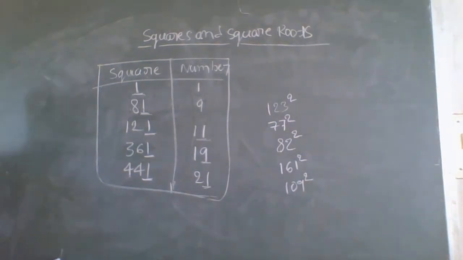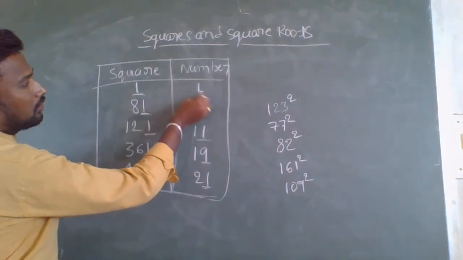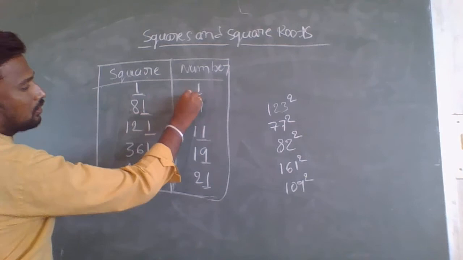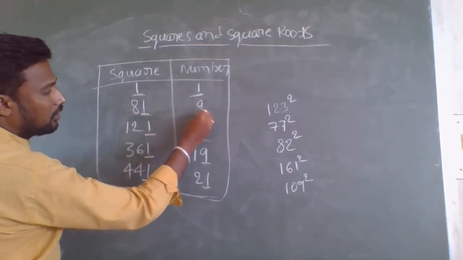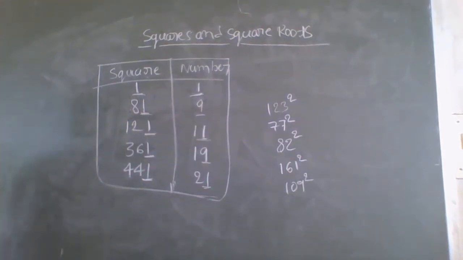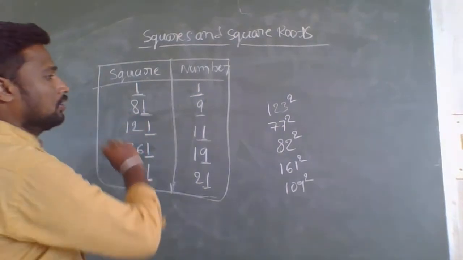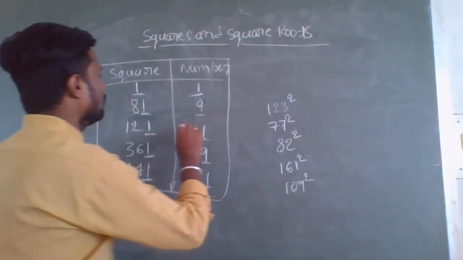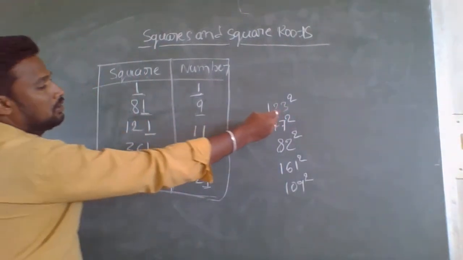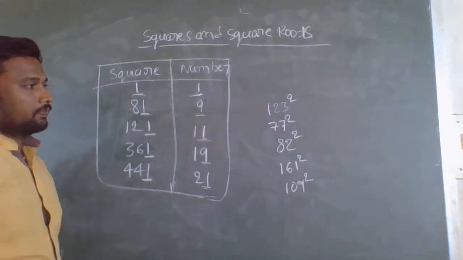So just now we discussed that when a number's unit place is 1 or 9, the square value ends with 1. Therefore here it is 3, so it will not end with 1.